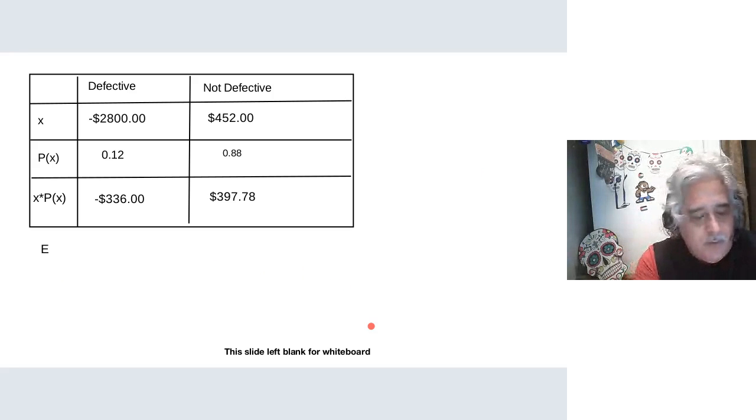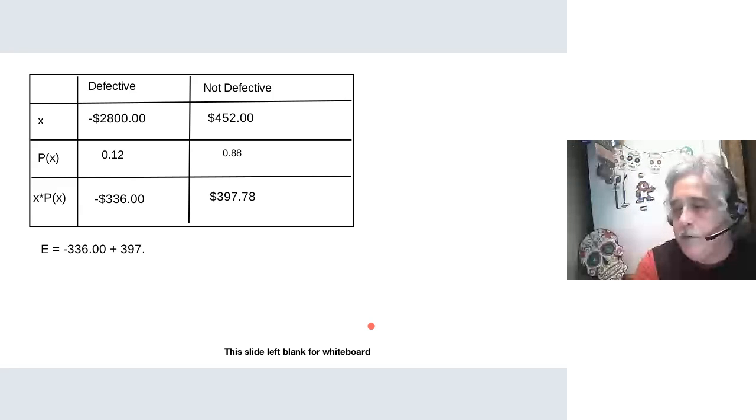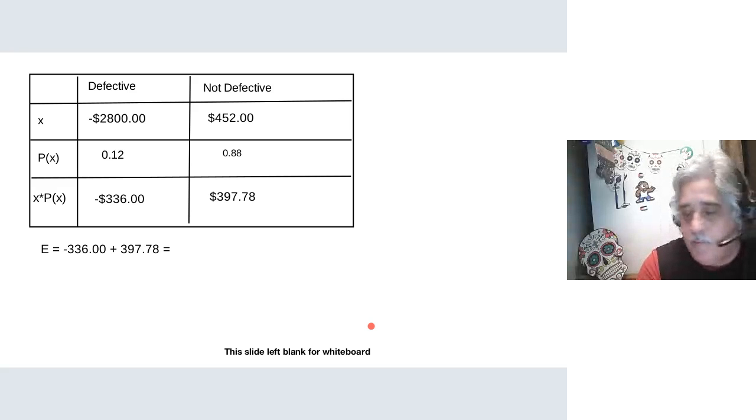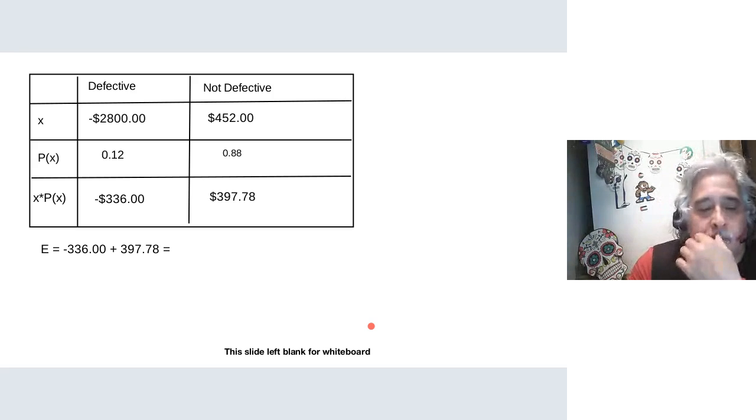So E is equal to, I'm not going to put the dollar sign just for the moment because let's make the math a little bit easier. So we got 397.78 minus.